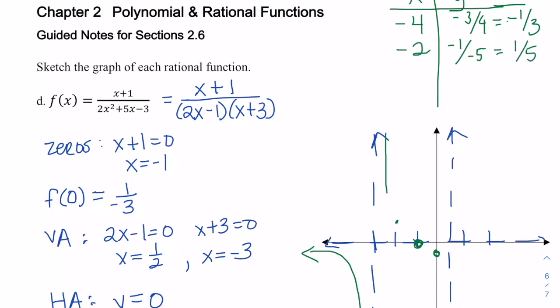So this part kind of looks like a cubic. And then I'm going to try one more point to the right of 1/2. So just try 1. And when we plug in 1, we get 2 over 1 times 4. So just 1/2. The graph will be on the top right.